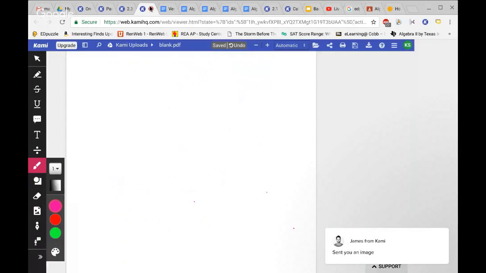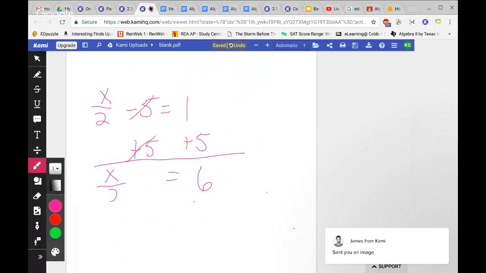Sure. x over 2 minus 5 equals 1. Yeah. Okay. So I'm going to add 5 to both sides. And that's going to give me 6 there. And then I've got x divided by 2 equals 6. And how do I undo division? Multiplication. Yep. So I'm going to multiply both sides by 2. x equals 12.